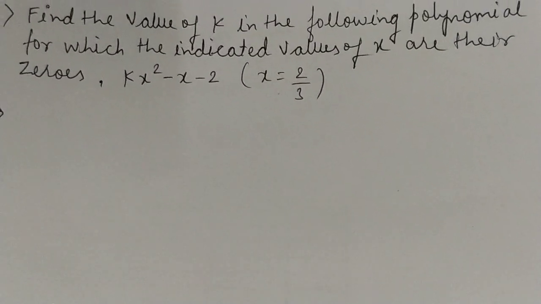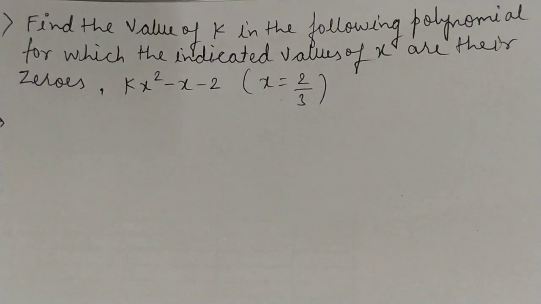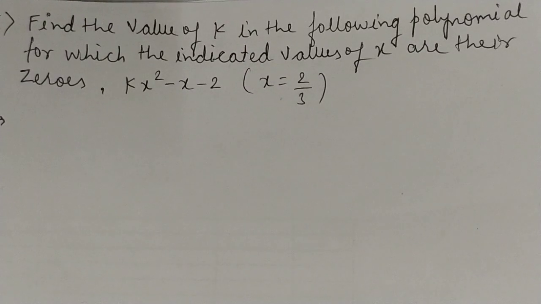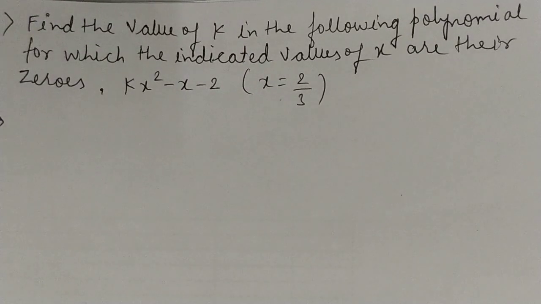Now here comes the next question that will clear your more basics regarding the zeros of the polynomial. Find the value of k in the following polynomial for which the indicated values of x are their zeros. One of the values is given, meaning one of the zeros is given.